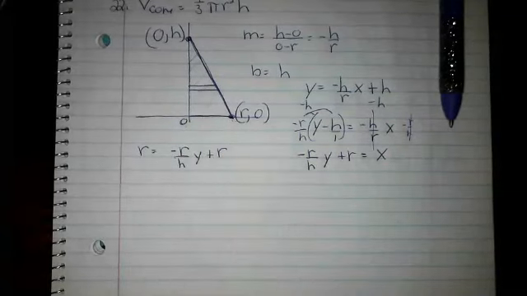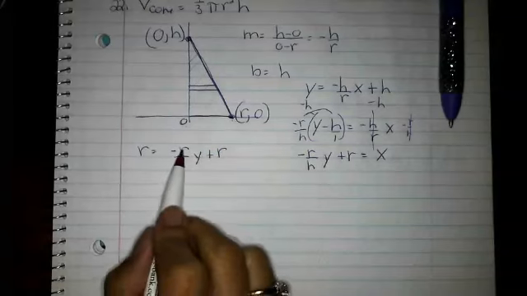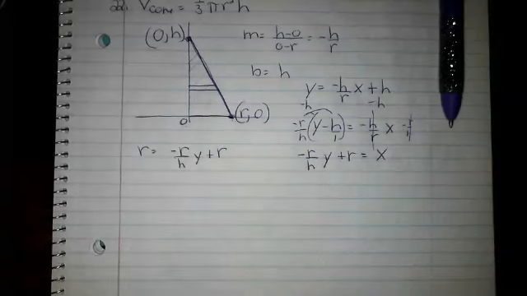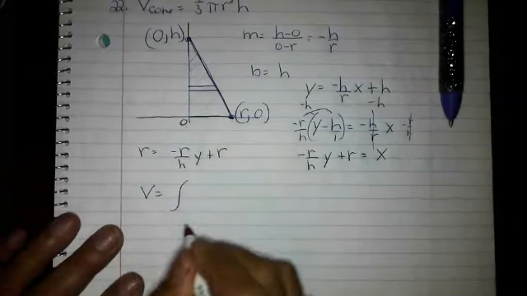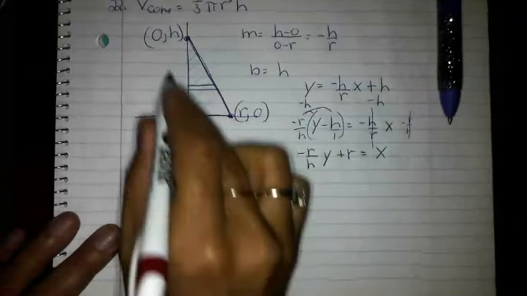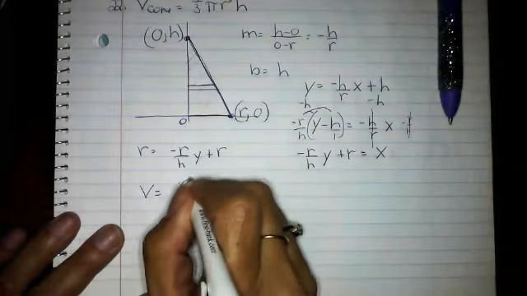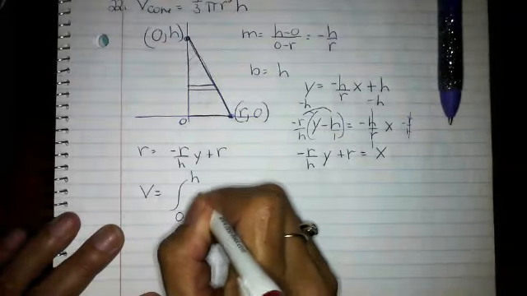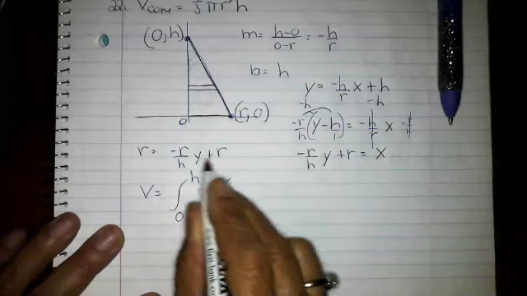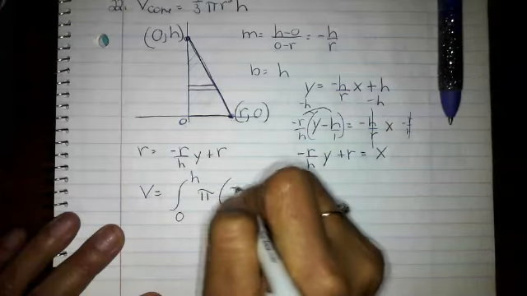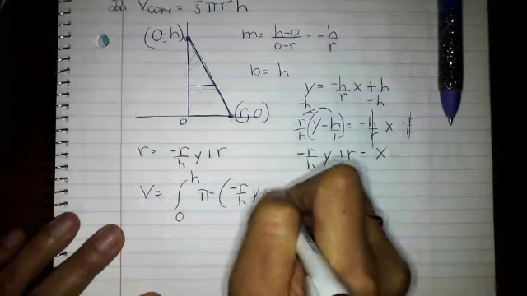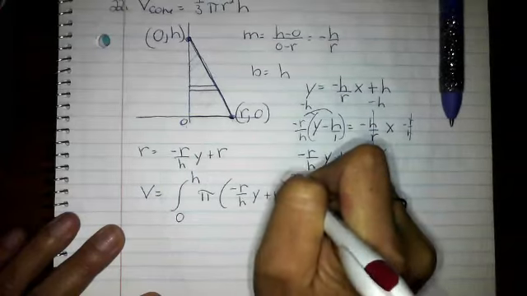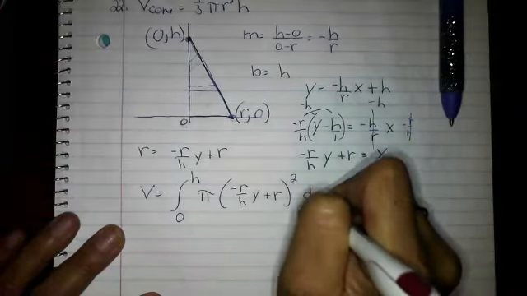And now we can plug into the volume formula. And remember, treat r and h as constants. So you're going to do the antiderivative from 0 to h of pi times this radius squared dy.